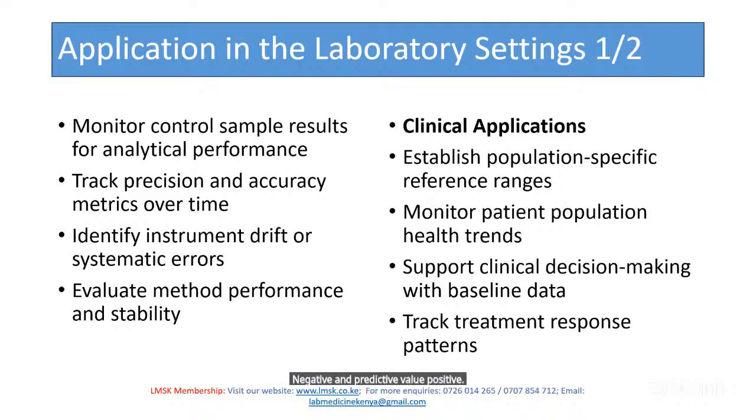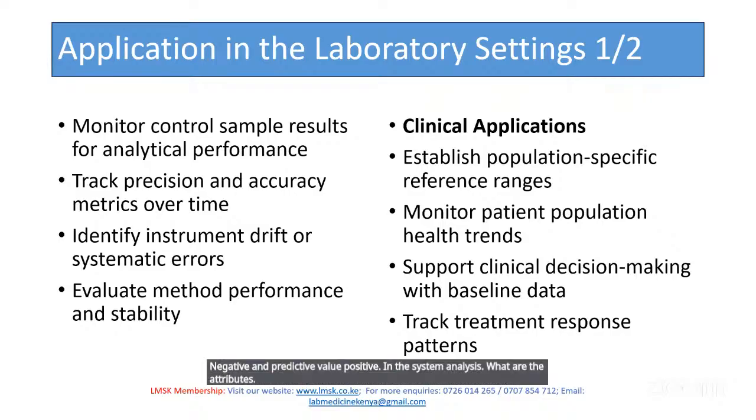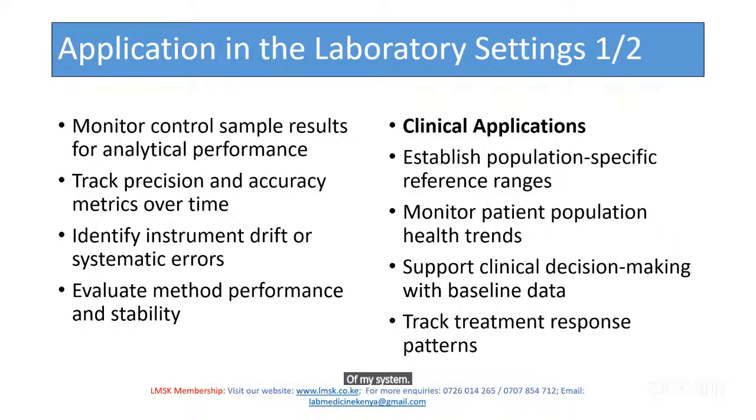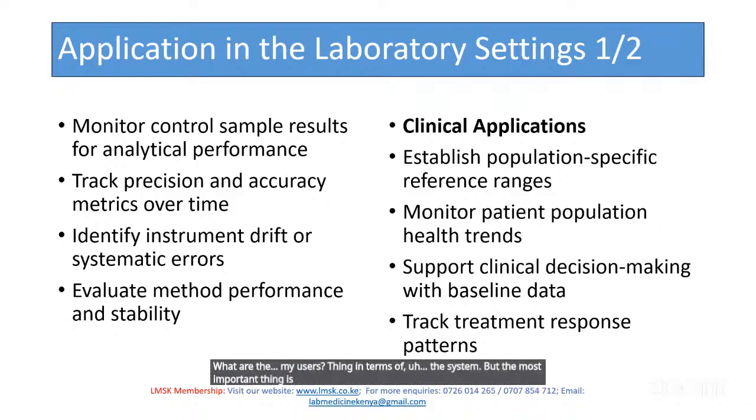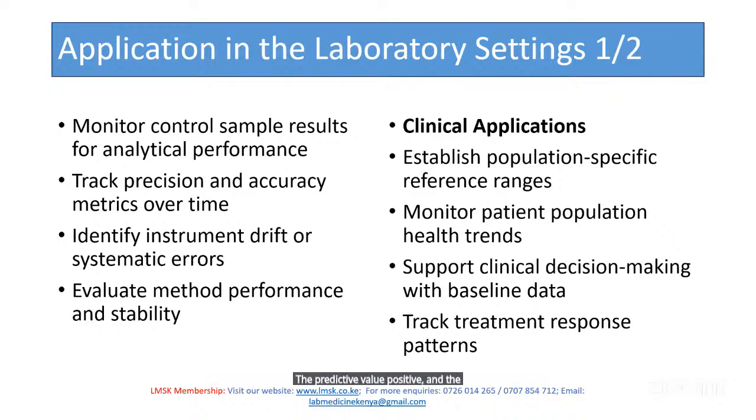What are the attributes of my system? What are my users saying about the system? But the most important thing is the sensitivity, the predictive value positive, and the specificity of our test performance stability.